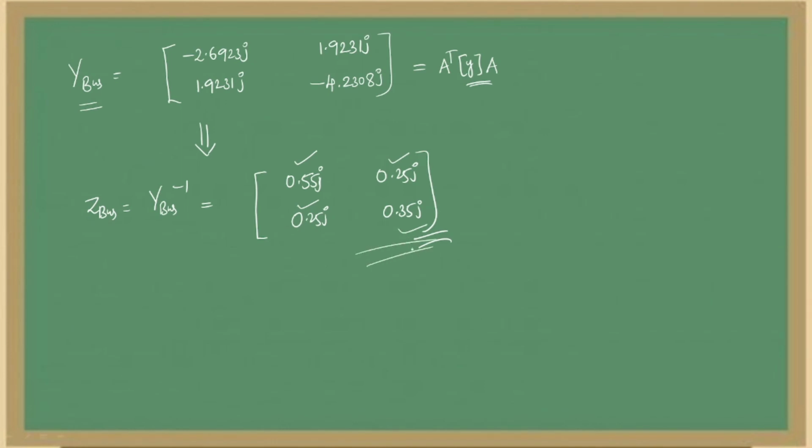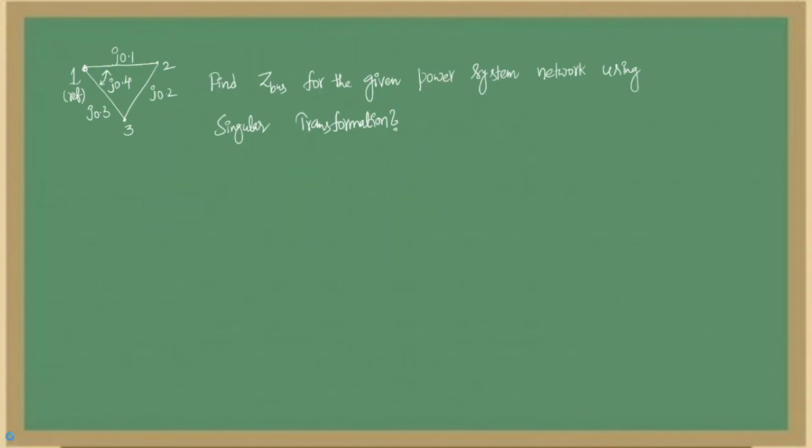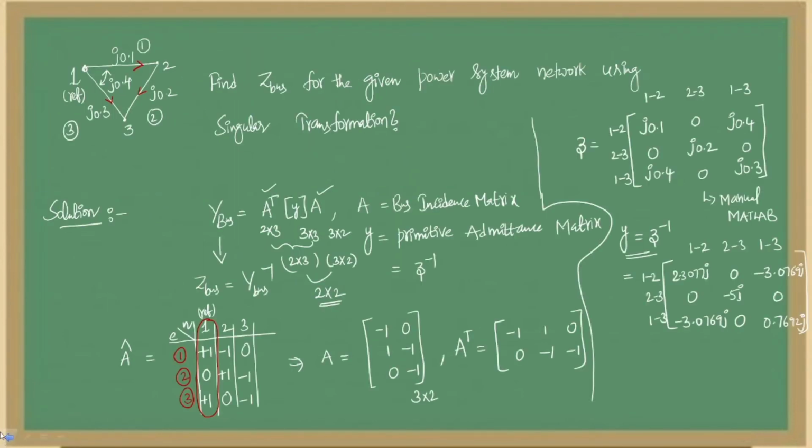If you check the results, you will get the same result whether you apply building algorithm to find the Z bus matrix, or you can apply singular transformation method to find Z bus matrix. Okay. These are the two methods which we have to find Z bus matrix for the given power system network, and you can choose which method is better.